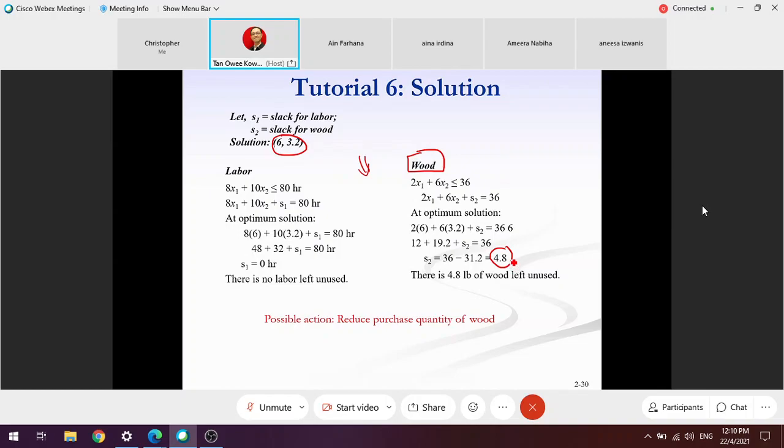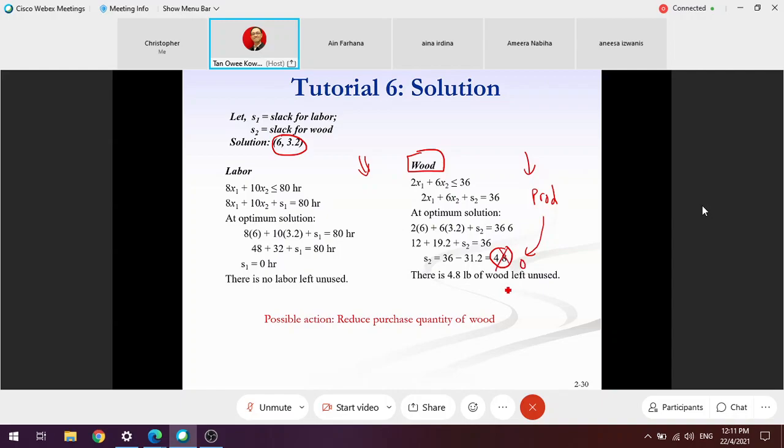However, if today I'm the boss, I go to the production, I expect I should be able to detect 4.8 units of wood left in the production. But when I go there, there's nothing left there, zero.